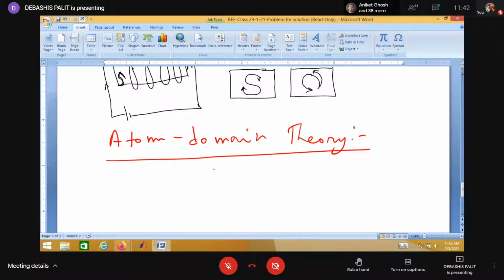A number of electrons are there, so what dictates whether the magnetic moment is positive or negative is how many electrons have spin motion in the positive direction and how many in the negative direction. If the total positive motions and total negative motions are equal, then the substance cannot behave as a magnet. But if there is an unbalanced positive spin or unbalanced negative spin of electrons, then it can behave as a magnet.